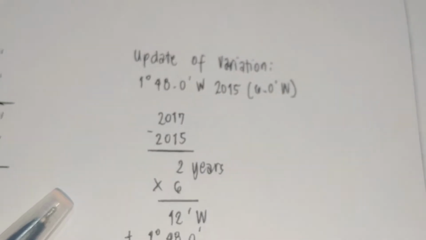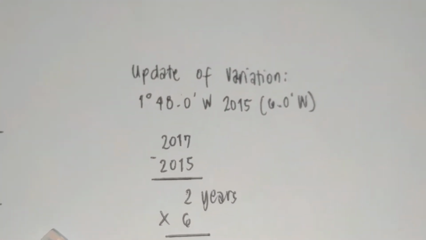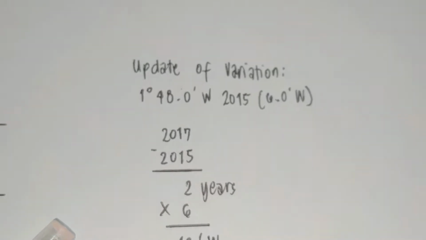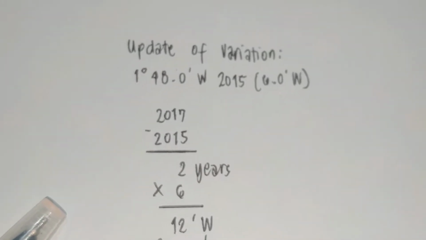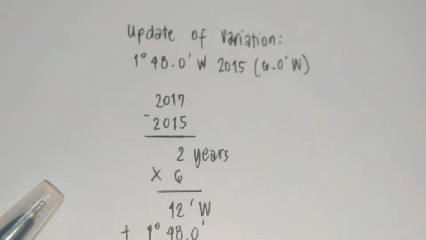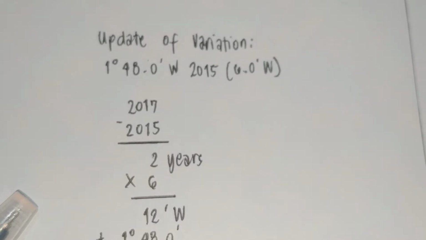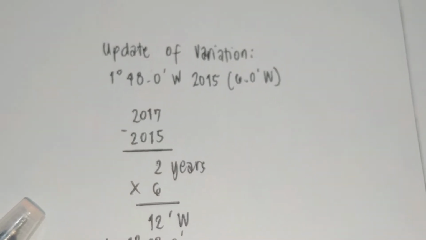So our variation for 2015 is 1 degree and 48.0 minutes west, and it's 6.0 west. So what we're going to do is update our variation from 2015 to 2017.